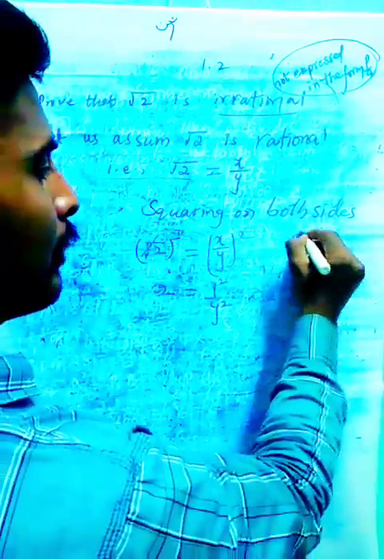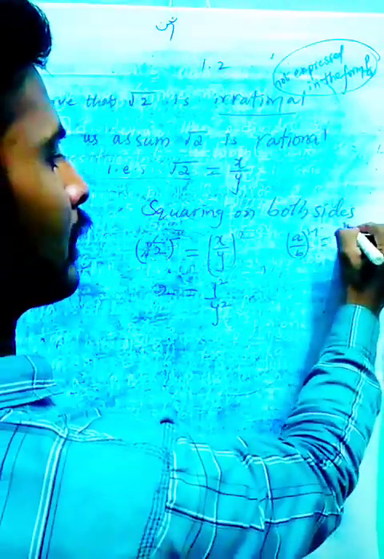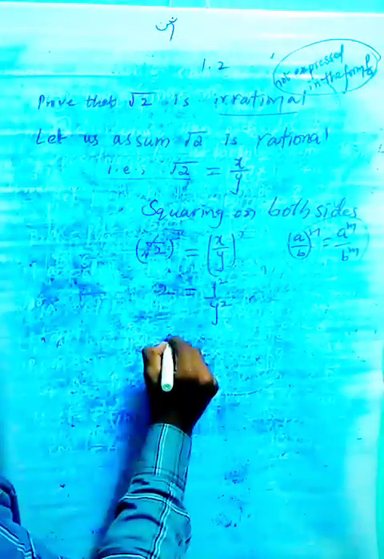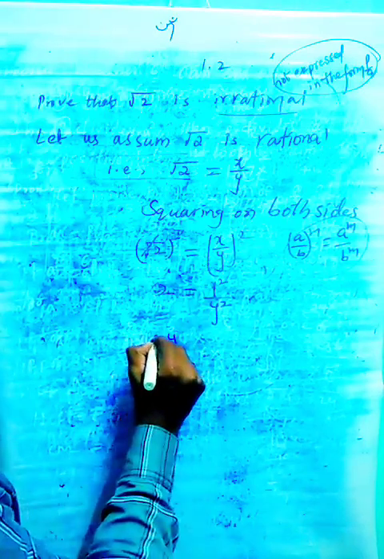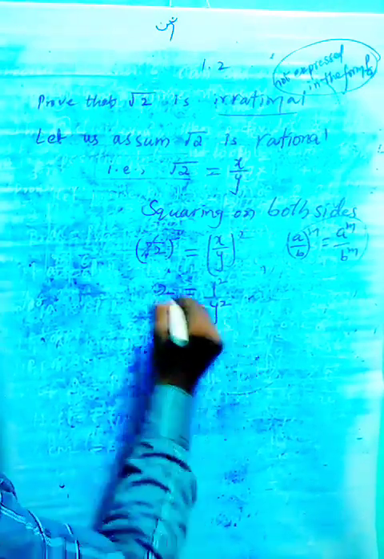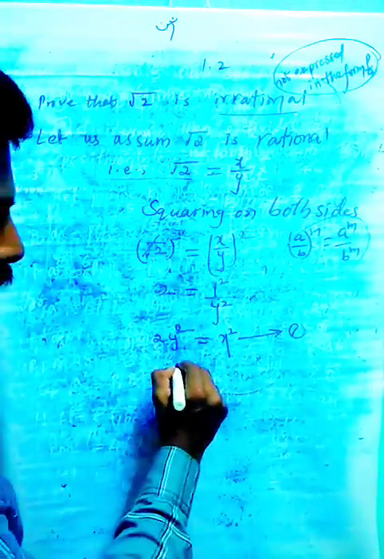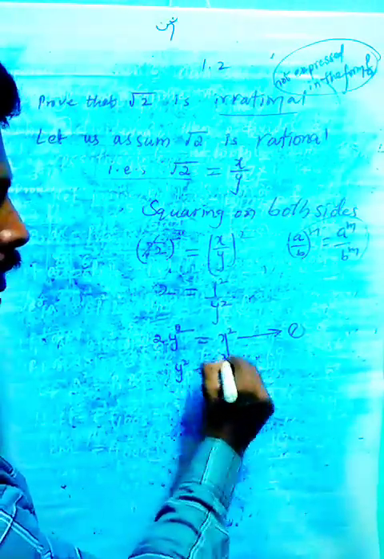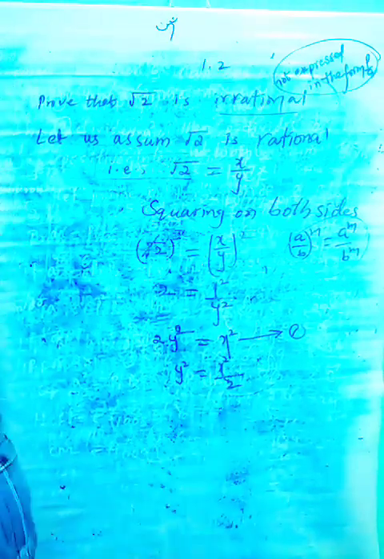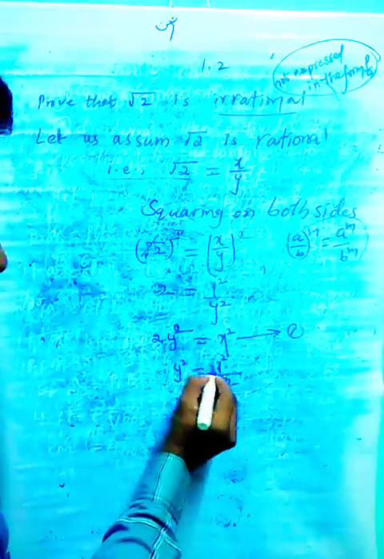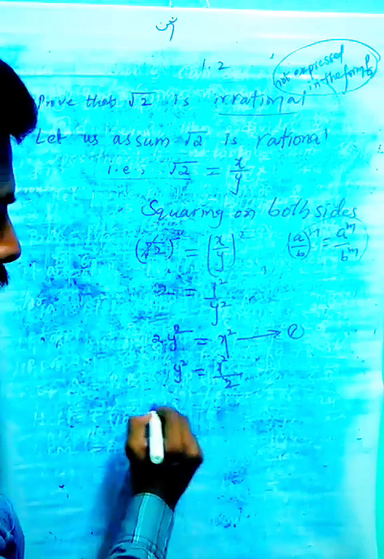By the identity, a by b whole power m is equal to a power m by b power m. So interchanging the values here, 2y square is equal to x square. Say it is equation number 1. Then y square is equal to x square by 2. You observe here, x square is divisible by 2.